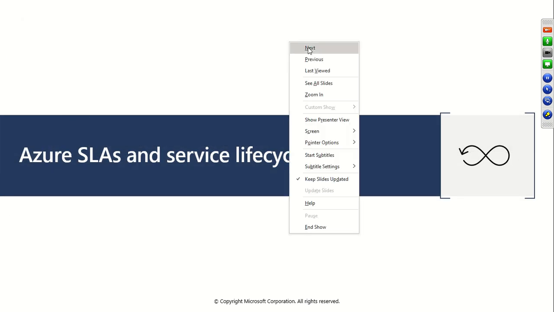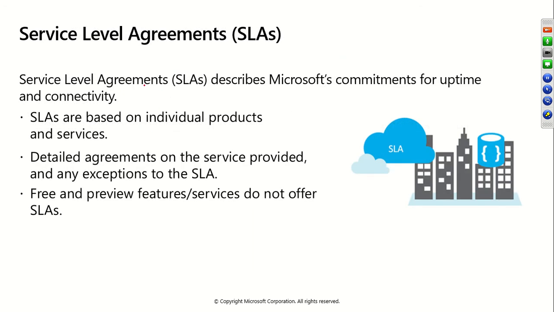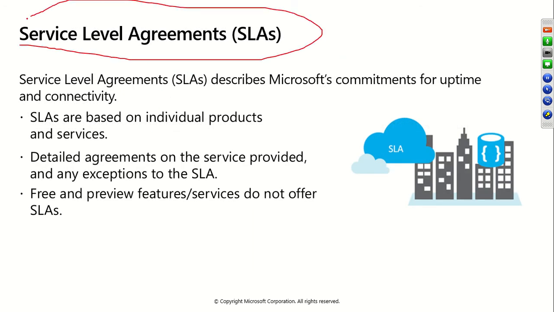All right, the last part: SLA and service life cycle. Microsoft provides service level agreements, which is a commitment for uptime and connectivity. That is, Microsoft has a commitment that shows you how much their service can go down.